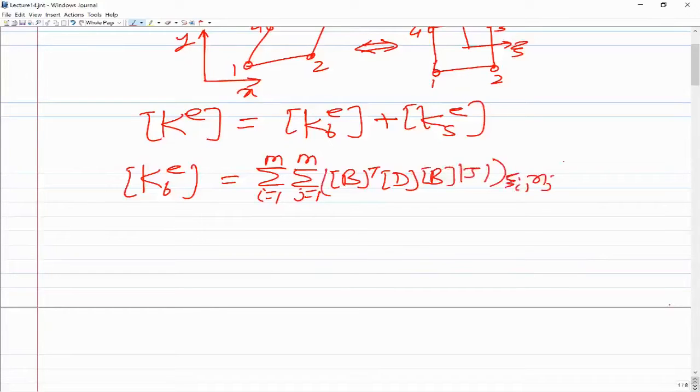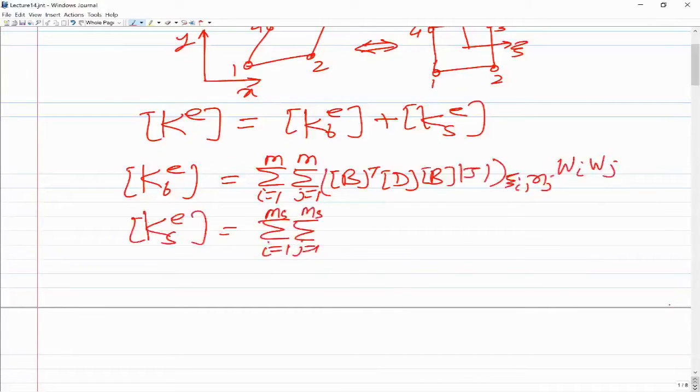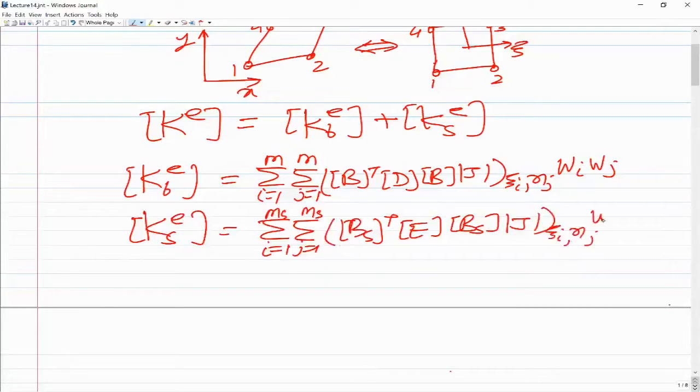j into wi wj, and the shear part of the stiffness matrix is also evaluated using numerical integration, i going from 1 to ms, j going from 1 to ms, and then we have Bs transpose E Bs into the determinant of the Jacobian matrix evaluated at xi i, eta j, wi wj.